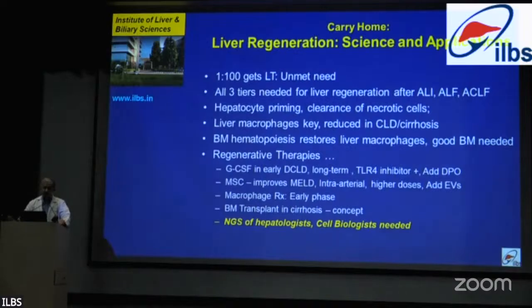Now I'm fine that the MSCs will stay there and start the paracrine work. We have to see what happens. We have not done it, but we will take it forward. This is a good question. But it is better than IV.